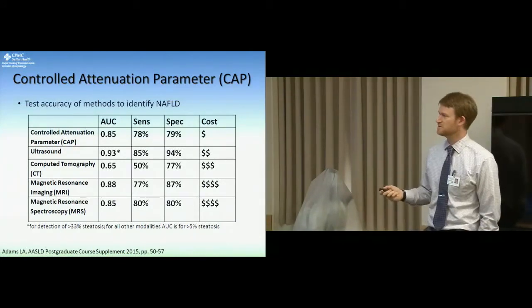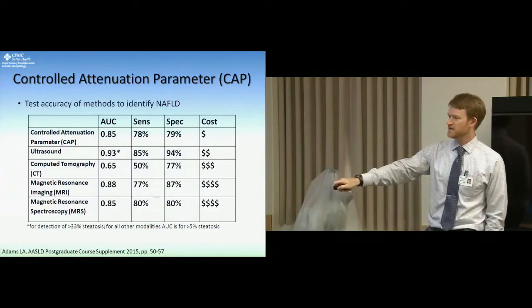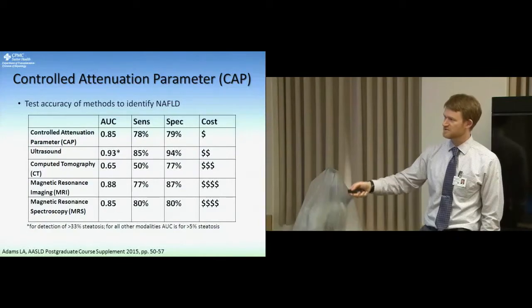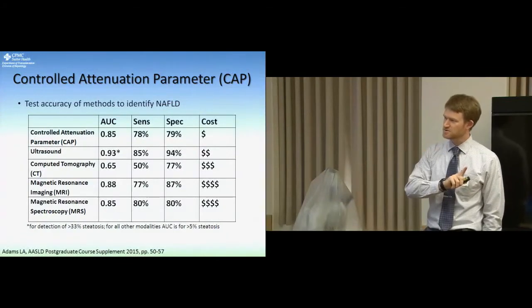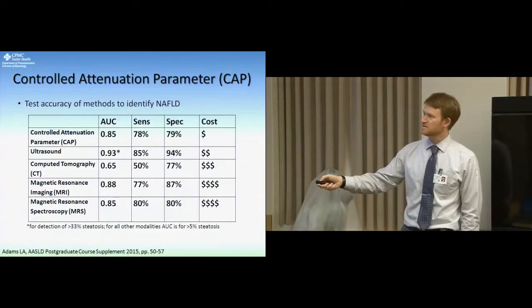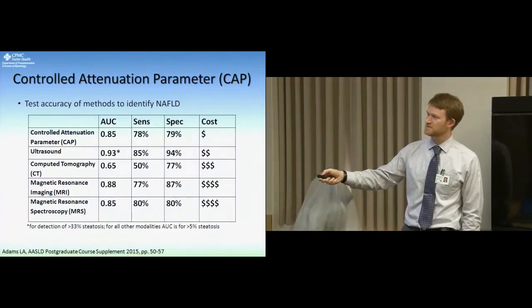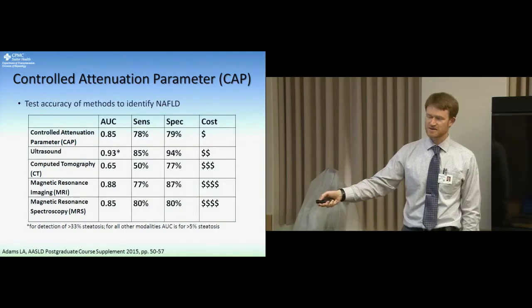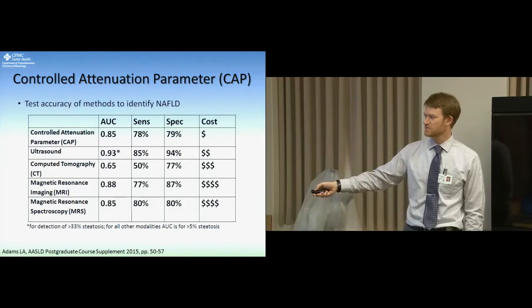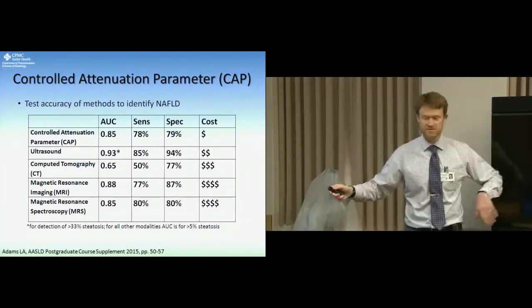So for example, this slide was taken from we just had the liver meeting, and this was the course supplement. There's a very nice summary of data. I'll warn you, it's heterogeneous, so be careful on how you interpret this. For example, the AUC for ultrasound being this high was to detect a higher amount of steatosis, whereas for all the other ones, it was for a lower amount. So just a disclaimer for this slide.